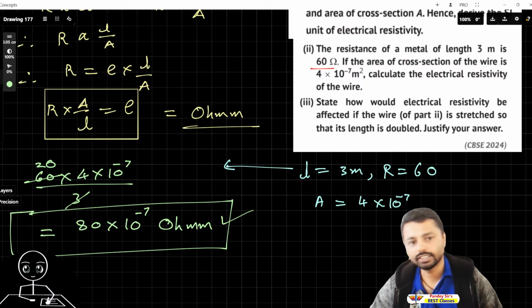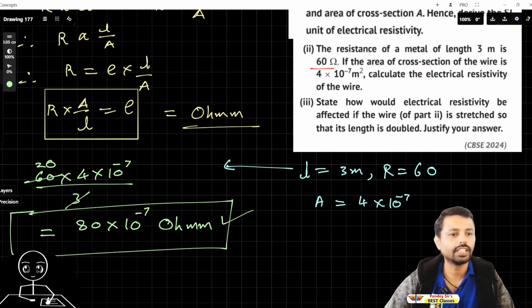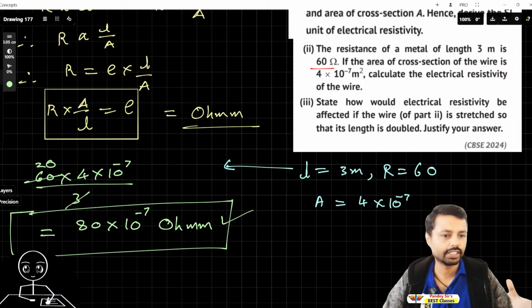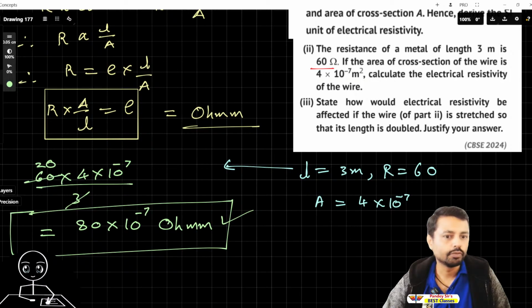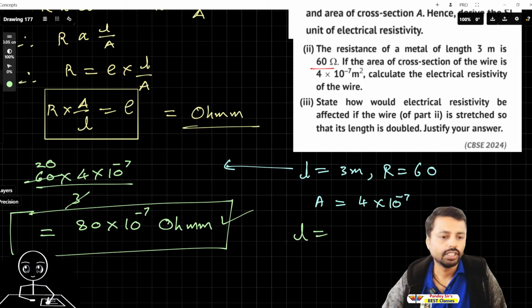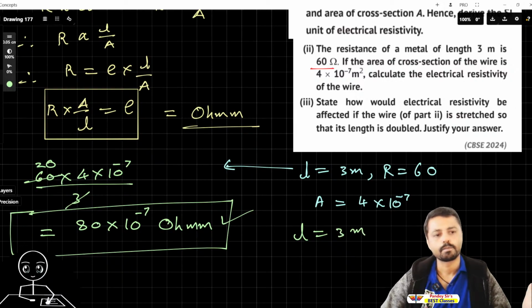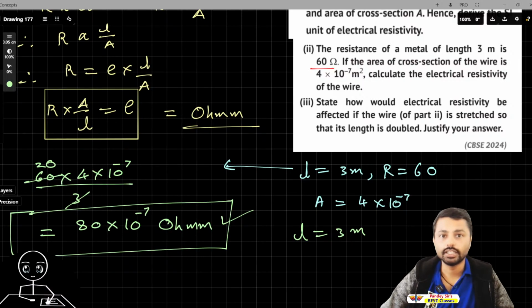Nice. What about the third one? It says how would electrical resistivity be affected if the wire of part 2 is stretched so that its length is doubled? Justify. So L will be doubled, and then its area also will reduce.